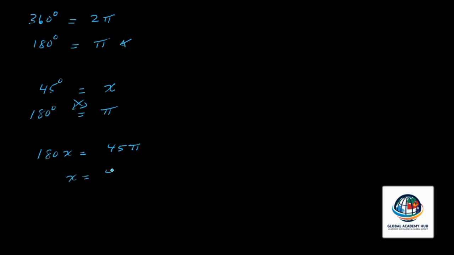And so x is equal to 45 pi over 180, which is basically 1/4. 45 into 180 is 1/4, and so x is equal to pi over 4. Of course, this is radians. We have now converted degrees to radians. Now this works both ways.